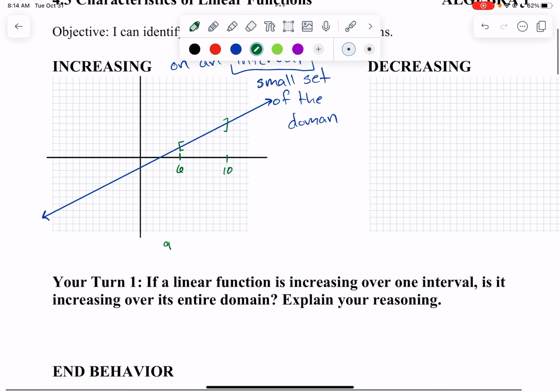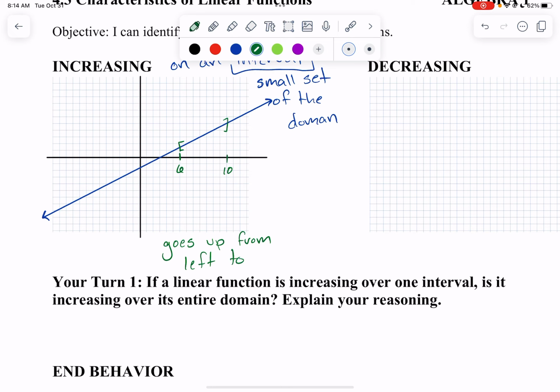So it's increasing if it goes up from left to right. Again, because we read graphs the same way we read words, from left to right.